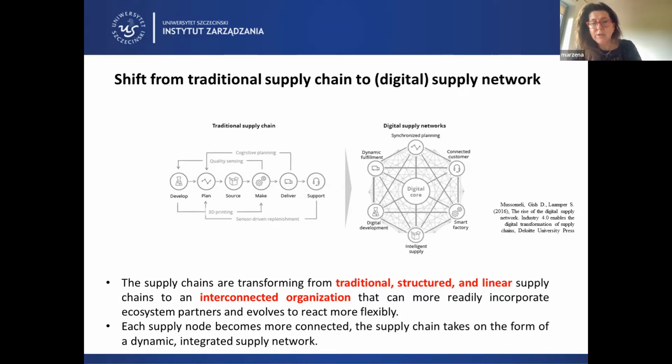That was how the global value chain was built. But now it is more complex. We are in the network and also in a digital network. So we have much more connectedness. Okay, next slide, please.